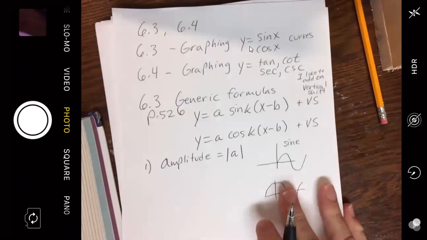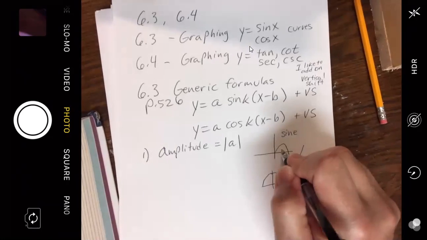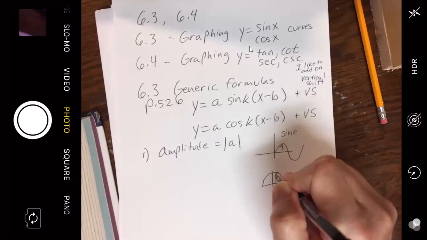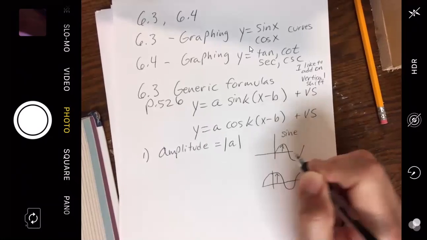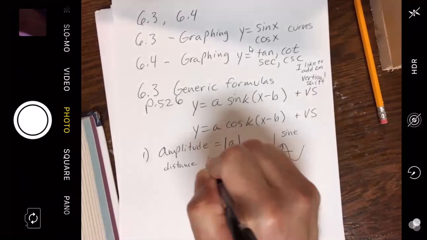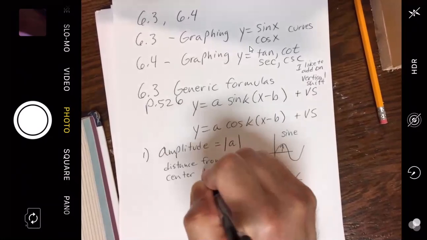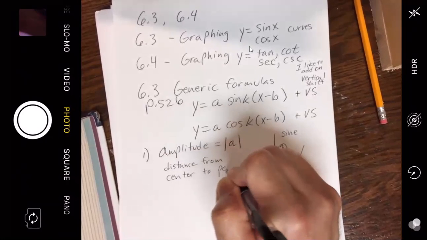I think I tried to explain this just a little bit, why this is at one point. But A is the distance from the center to peak.